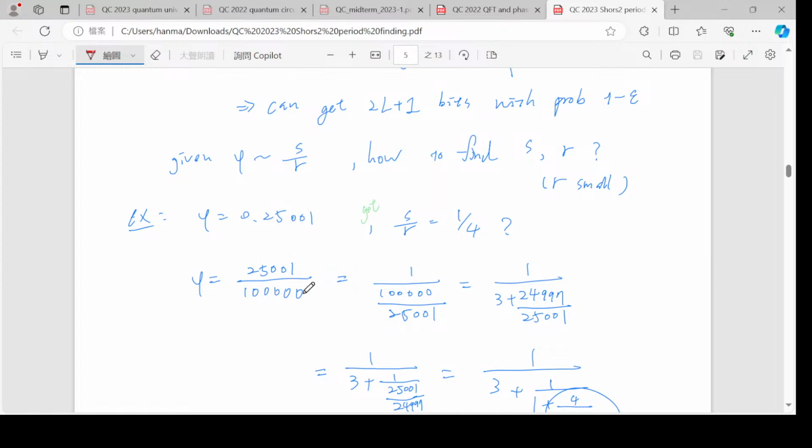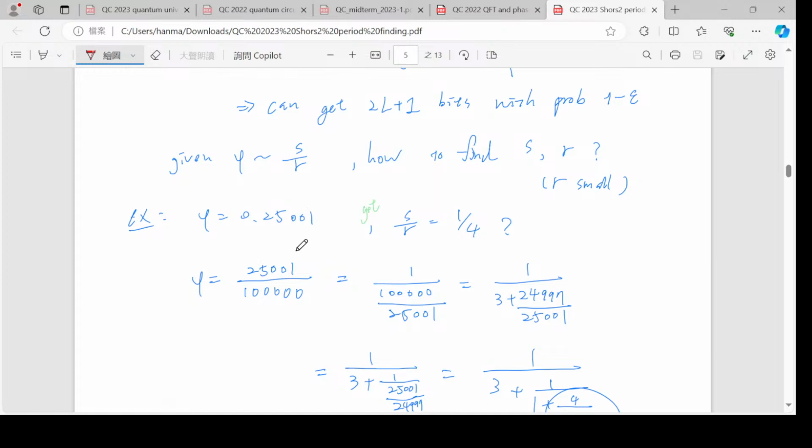The way this algorithm works is that first you take the 0.25001 and write it as a fraction, so this is 25001 over 100000. Nothing happened here yet.